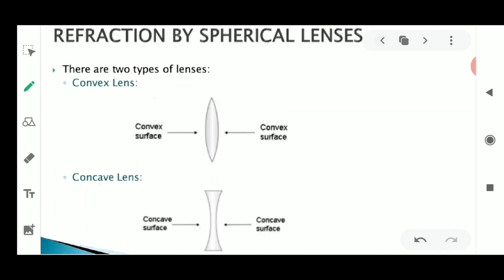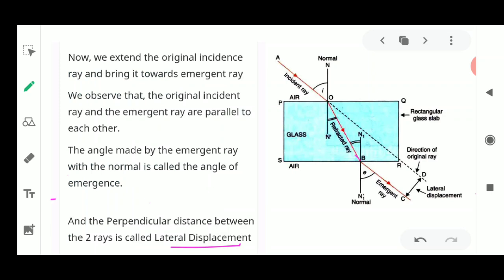Now in this diagram we have seen various new topics like the emergent ray, the lateral displacement, and the angle of emergence. Please remember all these concepts present in this ray diagram related to the glass slab.